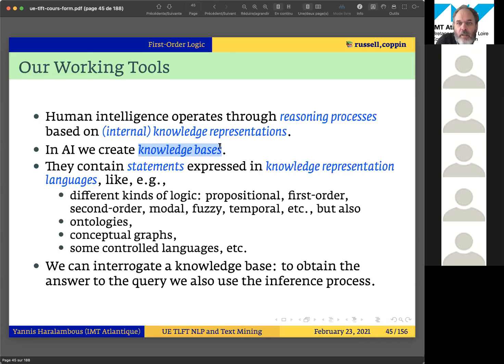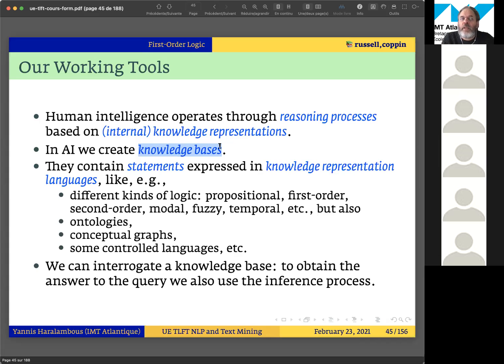And a knowledge base can be used to produce more knowledge. And in particular, it can be used to be queried. I can send a query to a knowledge base. The knowledge base will do some inferences, some reasoning. It will provide me with an answer. So this works like a database.